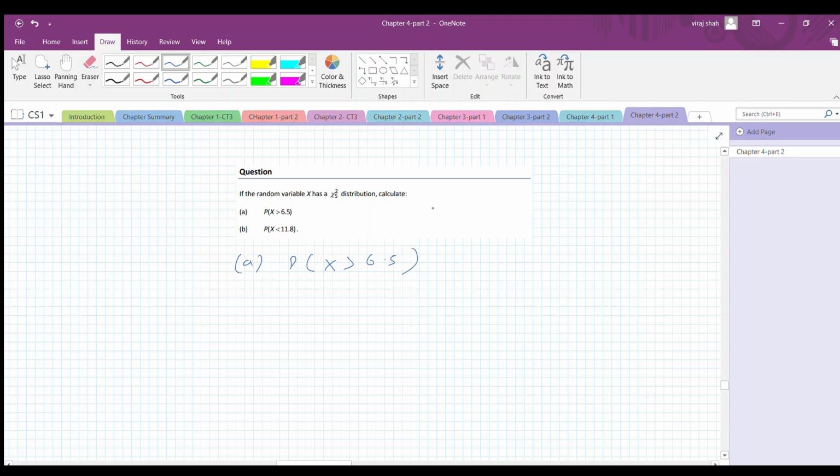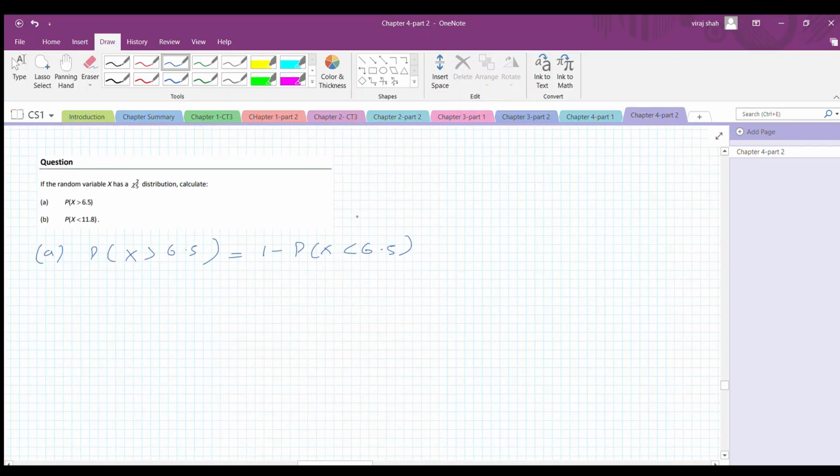I know my distribution follows chi-square with parameter 5. So, as I said earlier, for values greater than 3, I have been given the less than probability. So I will write this in the form of less than probability, right? So chi-square 5 less than 6.5.